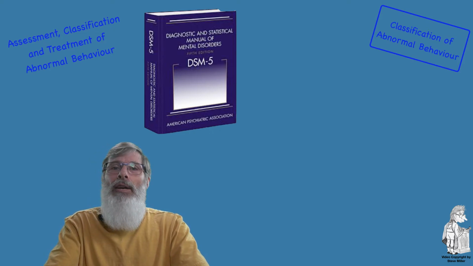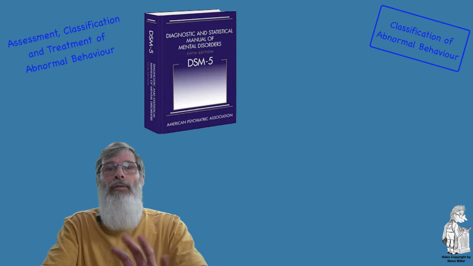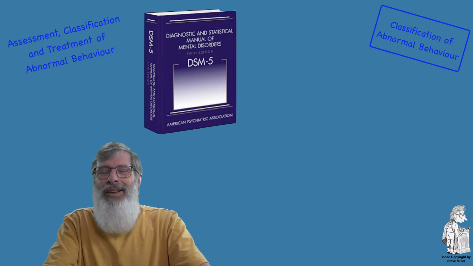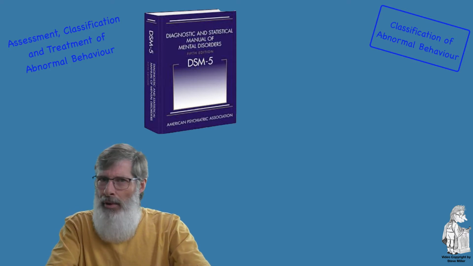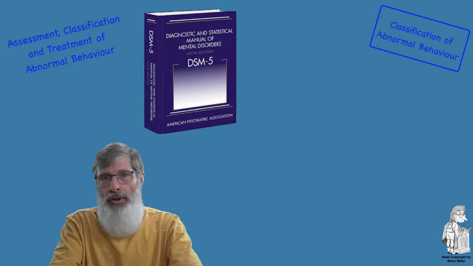The DSM-5 has undergone structural changes, such as the elimination of the multi-axis system. That was the way they had done it in the DSM-4. A major reorganization and regrouping of disorders also occurred.